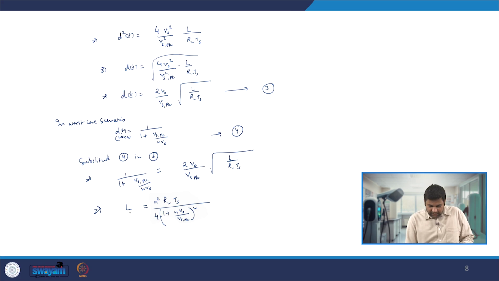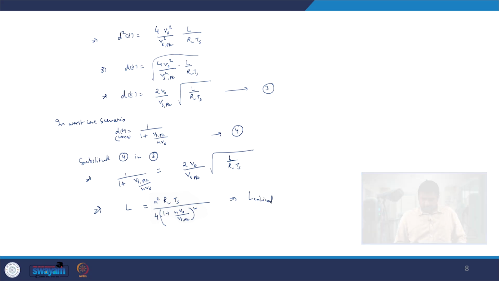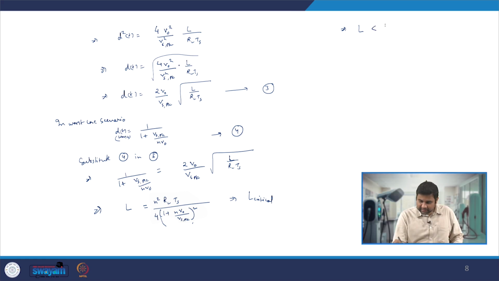Now this is the critical value of L. This is nothing but L critical value, and if we see this L critical value, we must ensure that this L has to be lesser than L critical to ensure the DCM operation.